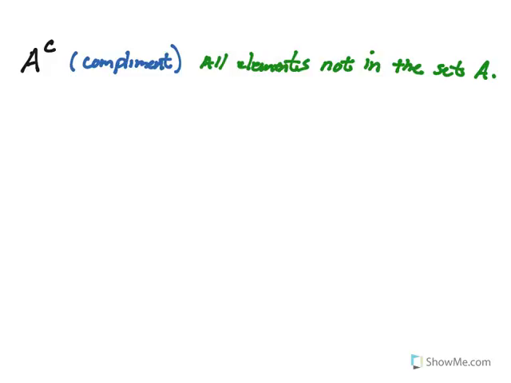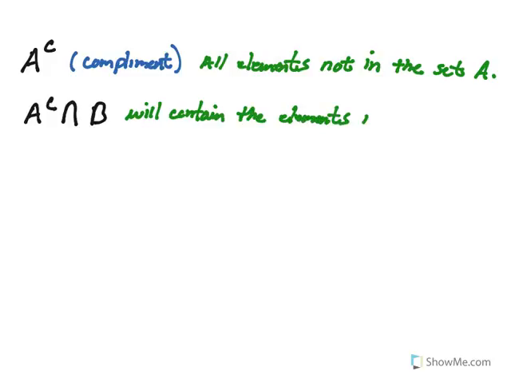So the complement of A, and then we want to find the intersection of the complement of A and B. And that will contain the elements in set B that are not, notice the key word, not in set A.